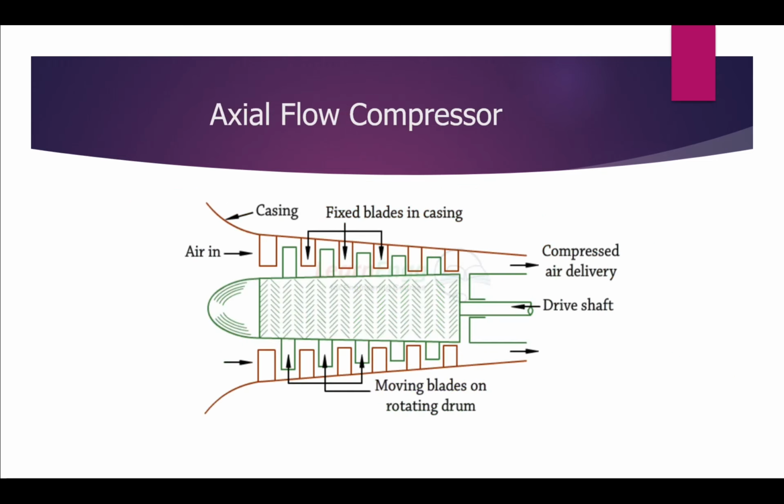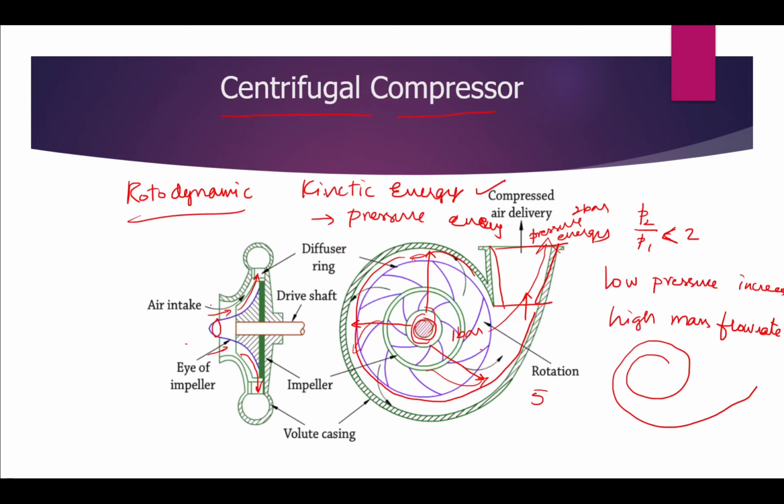Coming to another type of rotodynamic compressor, this is also a non-positive displacement or rotodynamic compressor, the axial flow compressor. In the centrifugal compressor, if you observe, the airflow is in the direction of the radius of the impeller. That is why it is called a radial flow compressor, because the flow is in the direction of the radius.